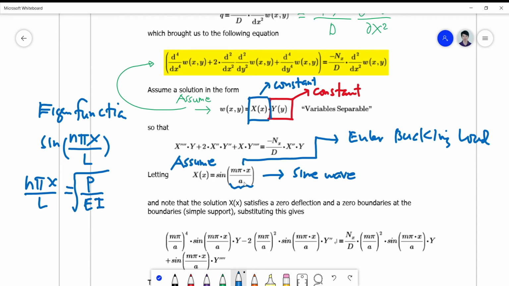So it's just the same. Here we have n pi x, or n pi y, I think, over L. Here it's m pi x over a.